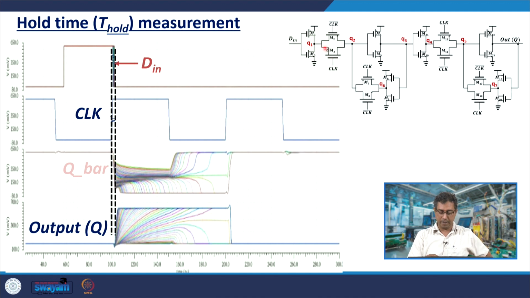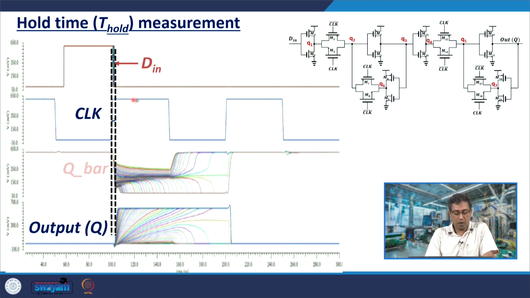So, when the data changes after the clock edge, if we take the clock edge at 50% clock value, some transmission of the change in data would occur at Q2 and that would result in a change in Q3. In the slave stage, the clock again has a non-zero transition time. That would result in a change in Q5 and subsequently a change in value of output Q, which is unwarranted. This is not a change that is wanted.